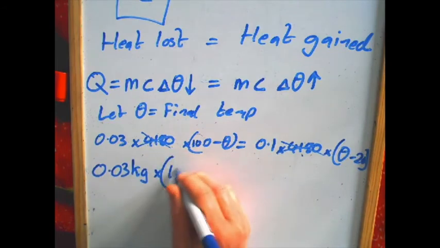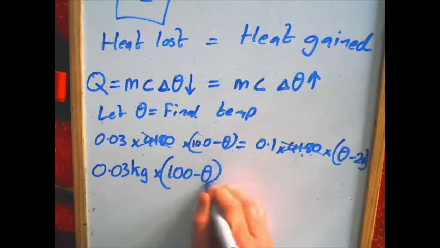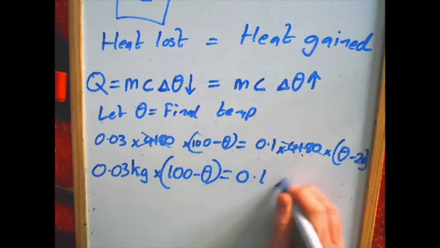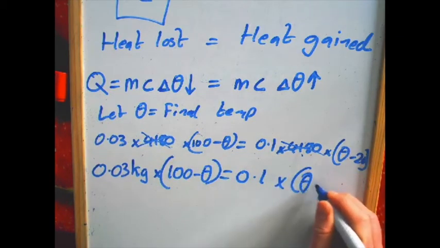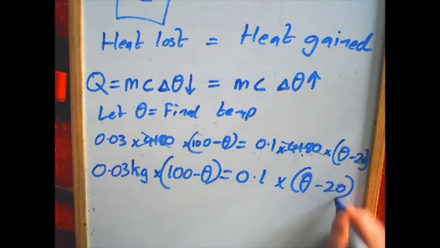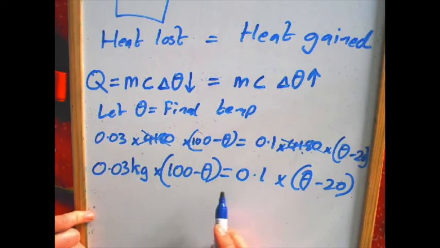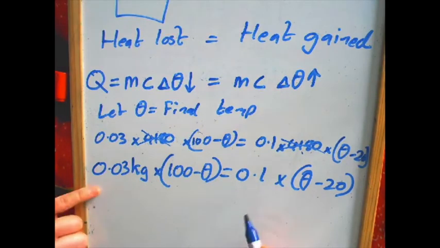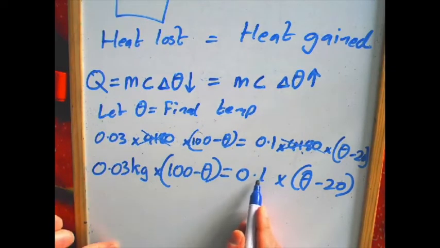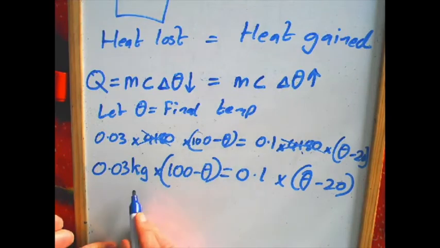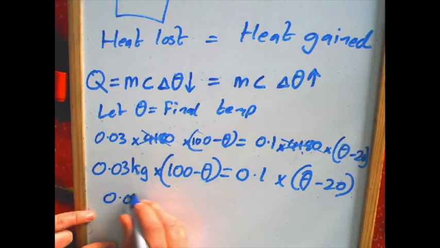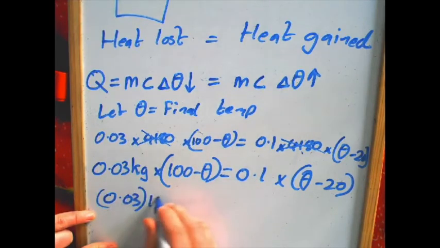The good news is we can cancel off some of it. The heat capacity of water is equal to the heat capacity of water, so let's get rid of that. That leaves us with 0.03, and I'm going to put the units back in again. We've got a bit of room now. Times the temperature difference on this side is equal to 0.1 times the temperature difference on this side. Now really what we've got here is a little bit of algebra. So let's bring this fella over here first.